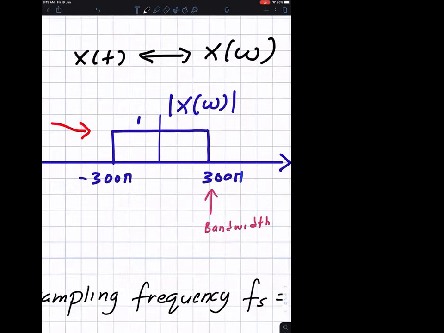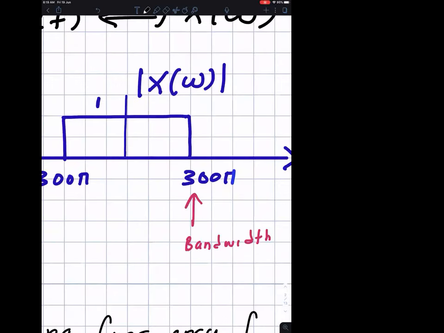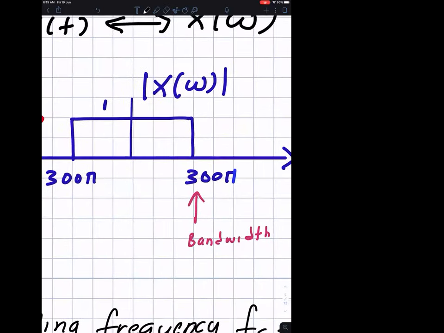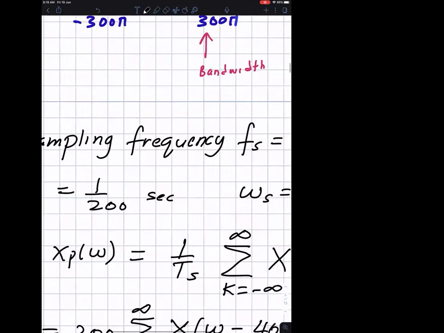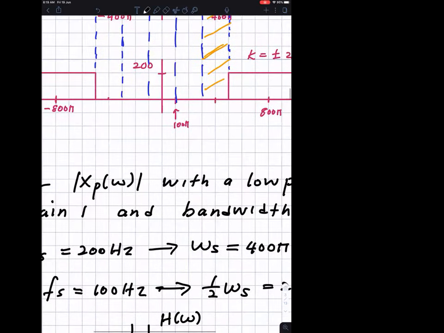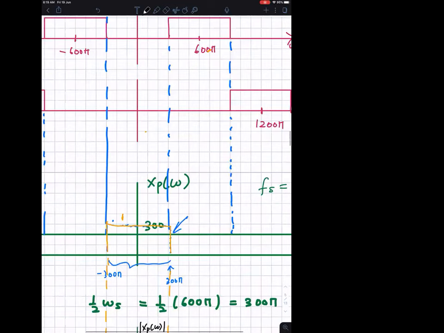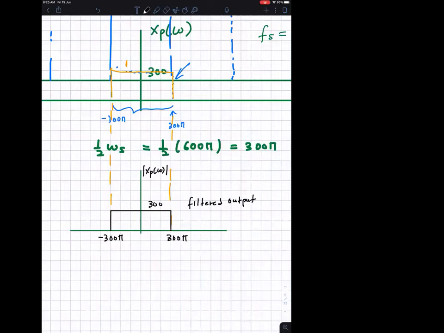This is 300 pi, that's the bandwidth. So when your sampling frequency is 2 times the bandwidth, but our filter is half the sampling frequency, now you can see you have recovered the sampled signal.